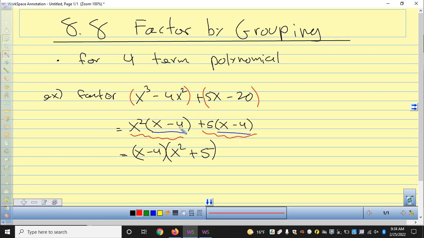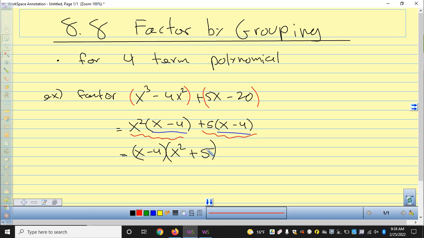That's our greatest common factor for this whole thing. Each one has an x minus 4. So I'm bringing that out front. I'm factoring that out. When I take the x minus 4 out of here, I have x squared. And when I take the x minus 4 out of here, I have 5 left.